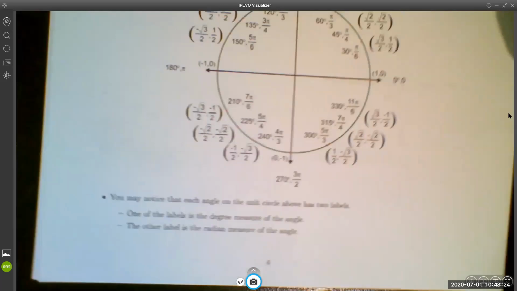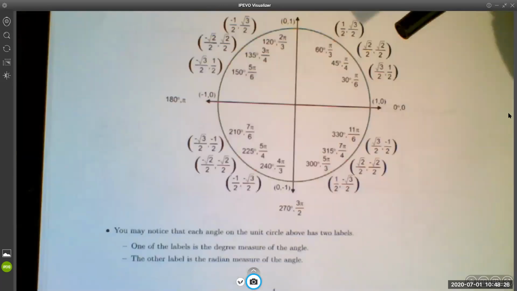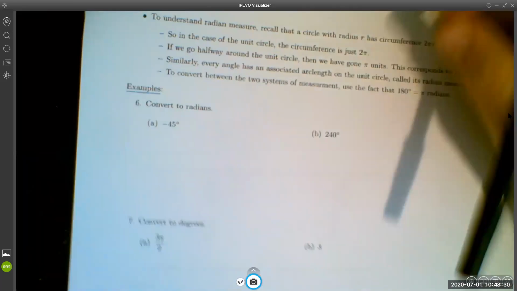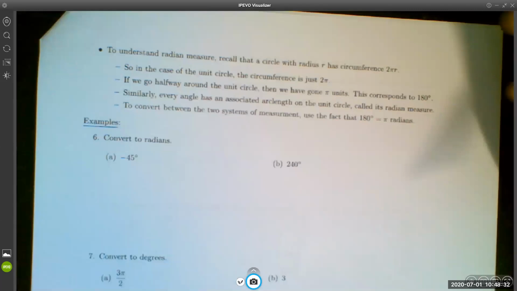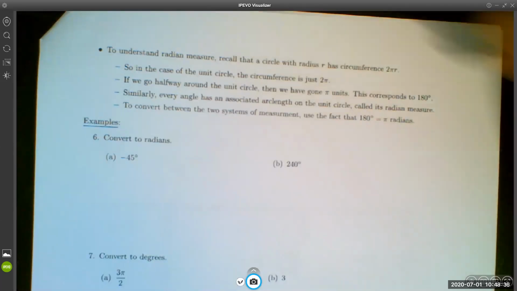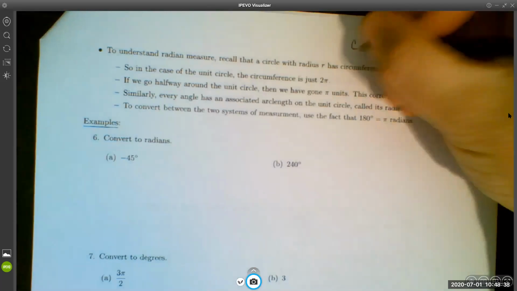Let's talk about radians real quick. To understand radian measure, recall that a circle with radius r has circumference 2 pi r, right?